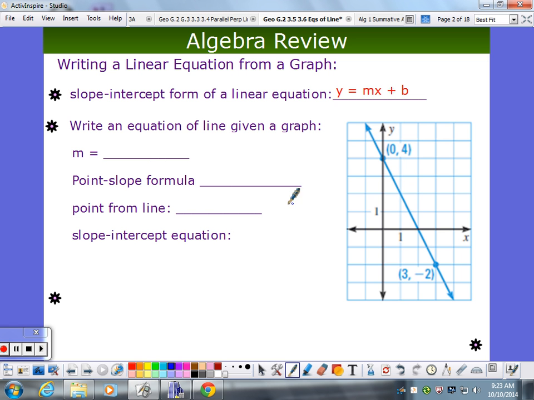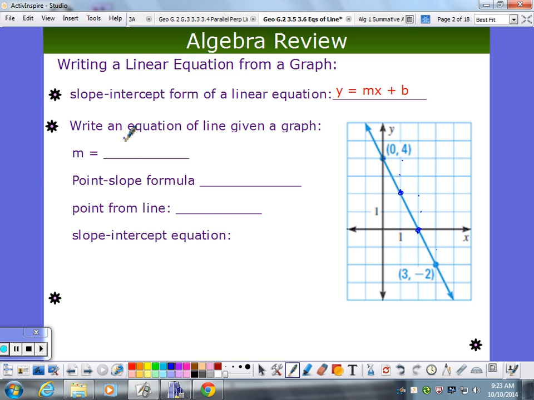So let's see, I've got my equation here. So we're going to write an equation of a line from a graph. Now, first thing we have to get is the slope, because I need my slope. So we reviewed this a little bit just a few moments ago. Let's start from here. So I've got 2 points here. I can even find 2 points a little closer. That might make this easier. So I'm basically going up 2, left 1, up 2, left 1.